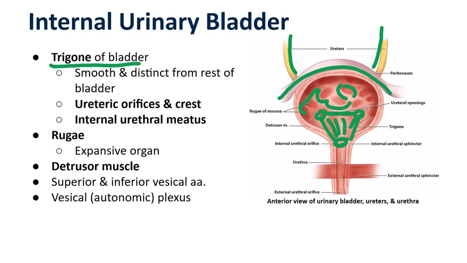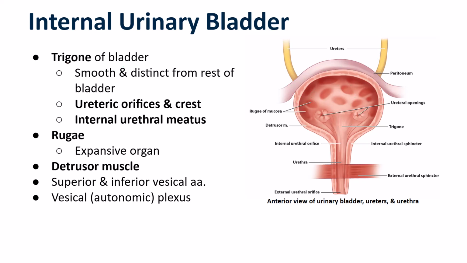Now, these rugae form because the wall of the bladder is very muscularized, and it is smooth muscle, so it is under autonomic control, but we call this the detrusor muscle. And detrusor muscle squeezes, and that is what puts pressure on the urine during voiding or micturition when it is expelled out the urethra.